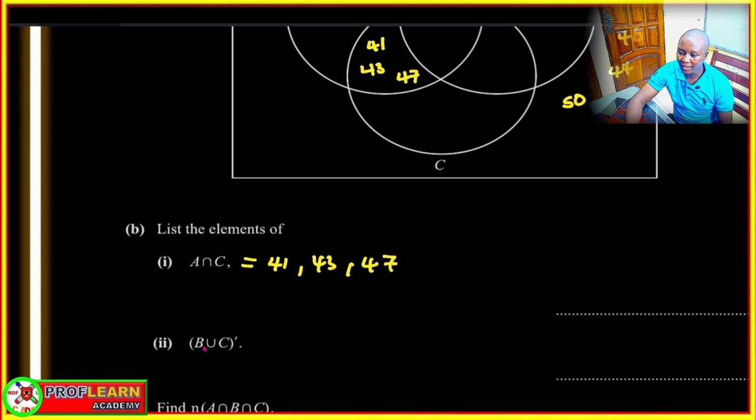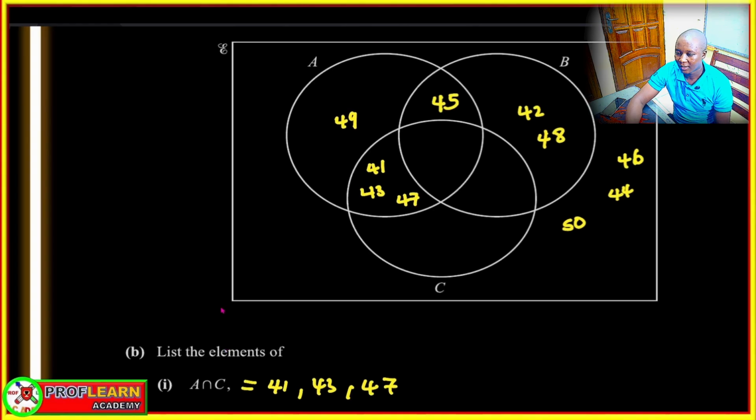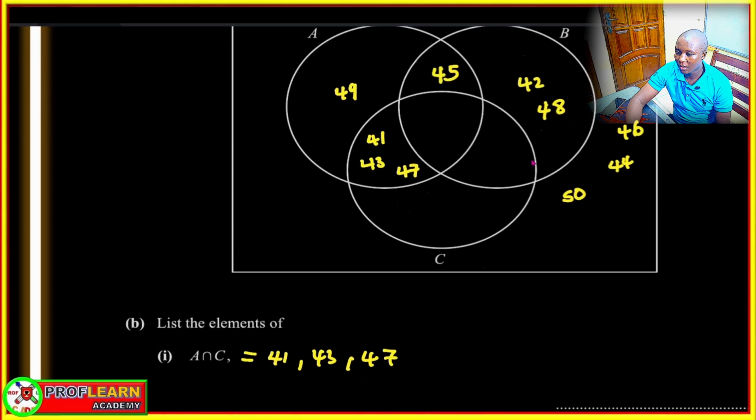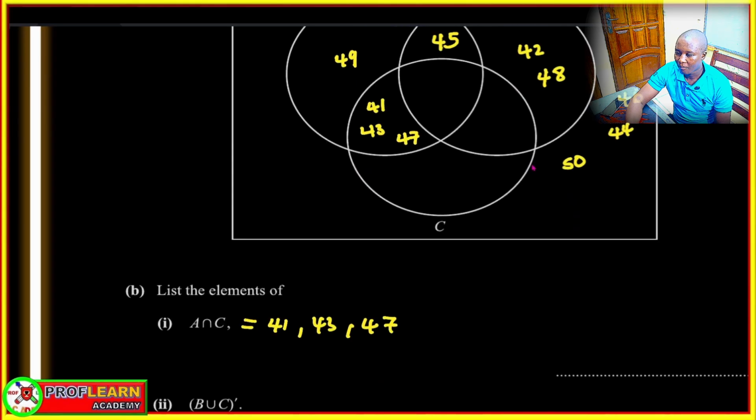B union C complement means anything outside the union of B and C. So let us put this first.